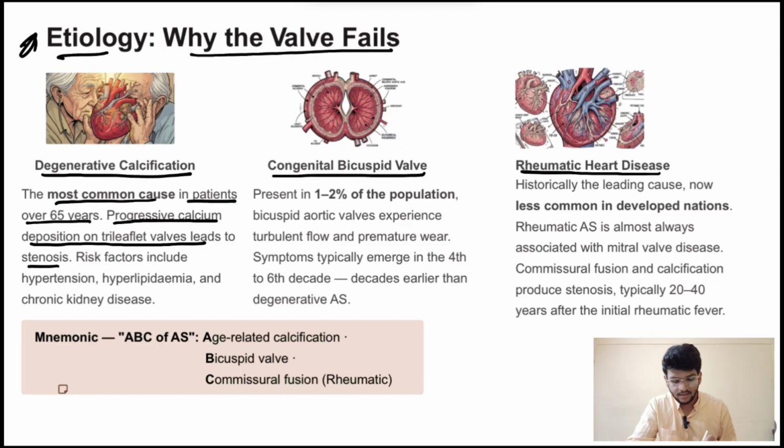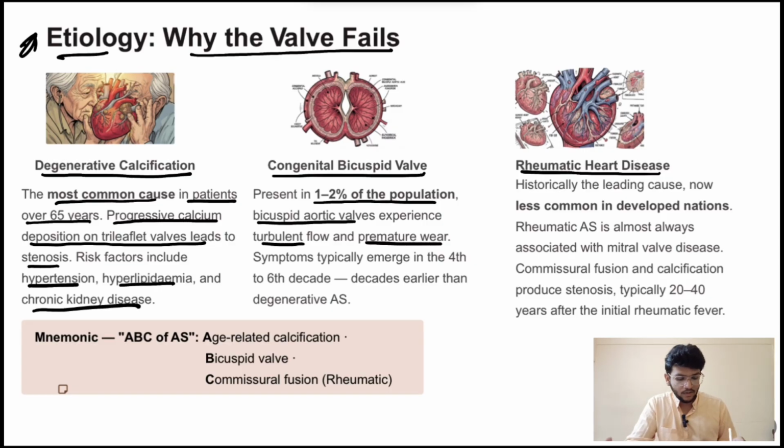The risk factors are the same: hypertension, hyperlipidemia, and CKD. The congenital bicuspid valve is present in 1 to 2% of the population, where the bicuspid valve experiences turbulent blood flow. Premature wearing occurs. Symptoms typically emerge in the 4th to 6th decades, earlier than degenerative aortic stenosis.